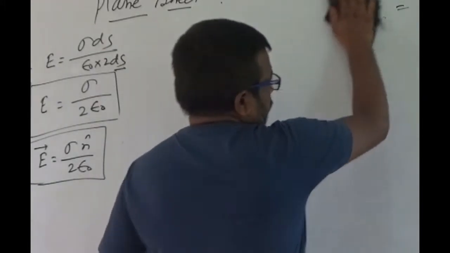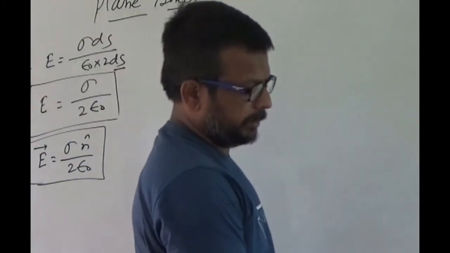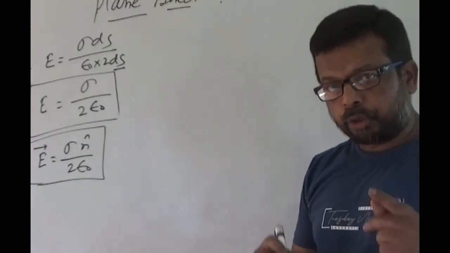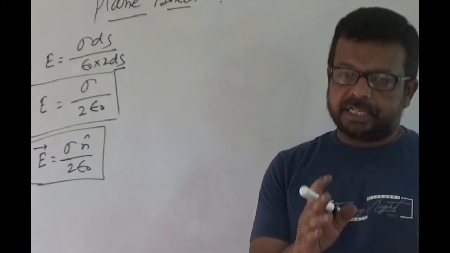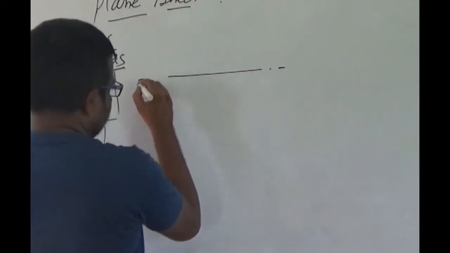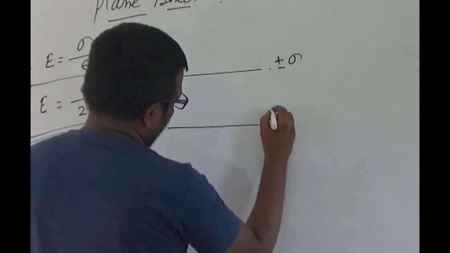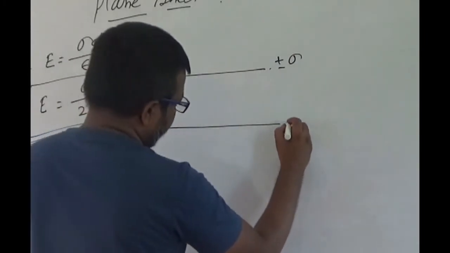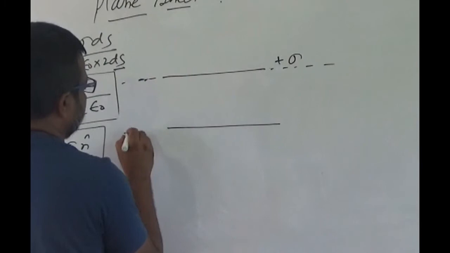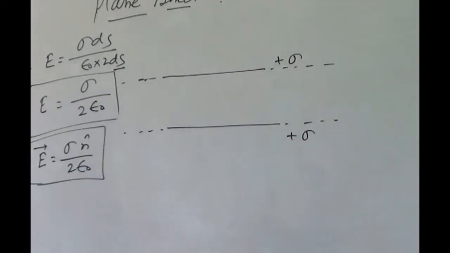Let us say there are two infinite plane sheets, and both are charged with plus sigma. Let us say this is an infinite charged plane sheet with plus sigma, and this is also an infinite charged plane sheet with plus sigma.